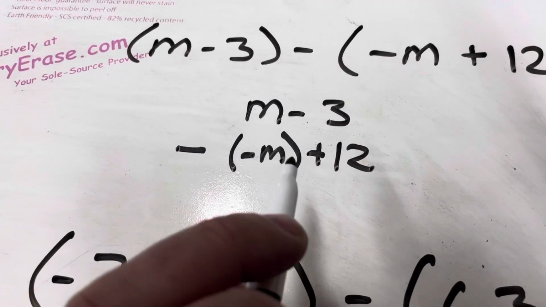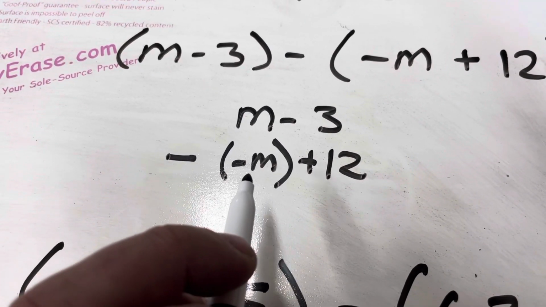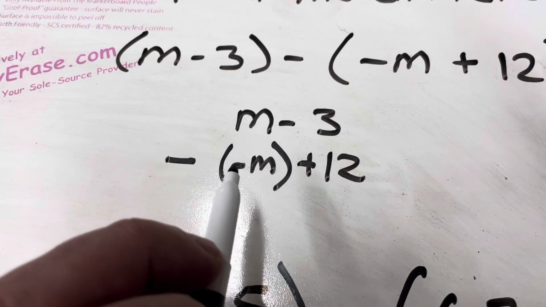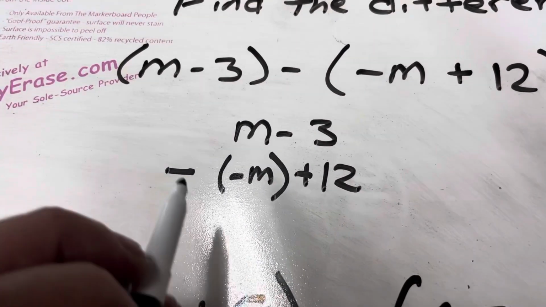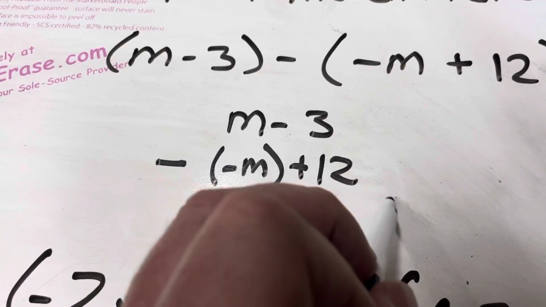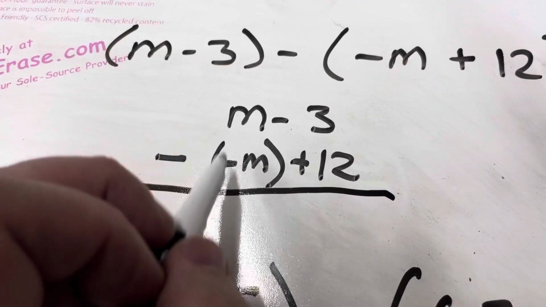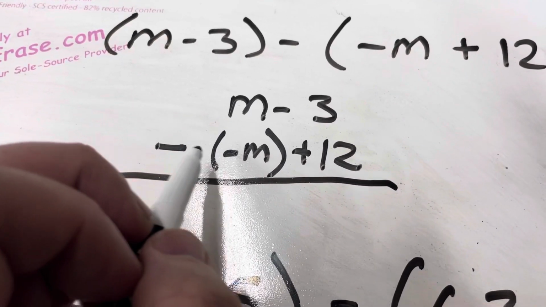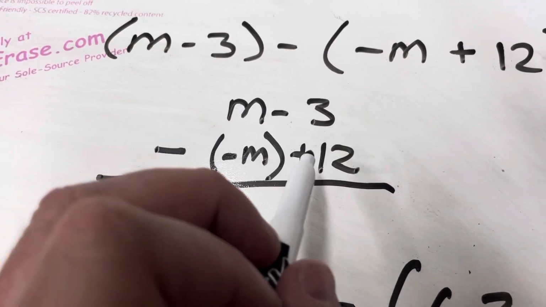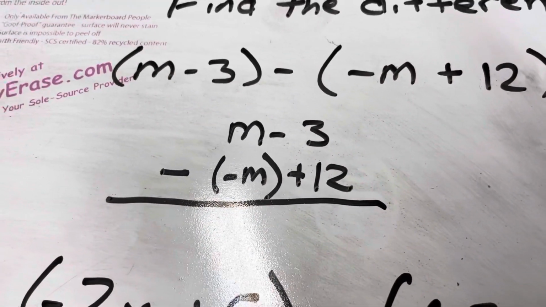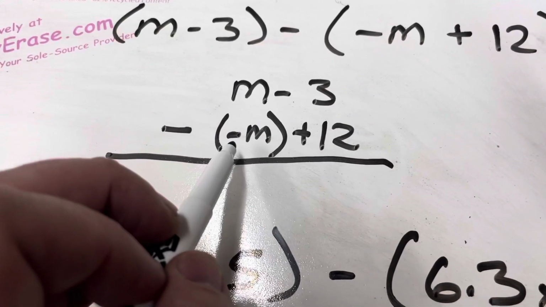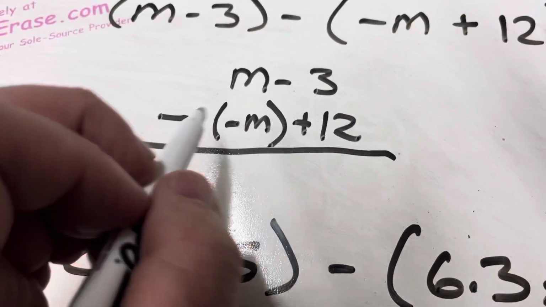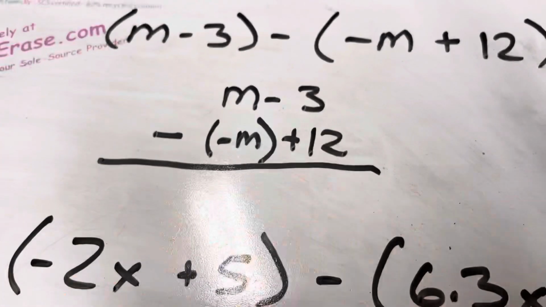So we're going to have an m minus a negative m. I can go ahead and when I subtract a negative, I can think of it as adding, but I really don't want to make it plus because I'm still subtracting the positive 12. So I want to make that very clear. So when I'm doing m minus a negative m, when I'm subtracting a negative, I know that that means I'm really adding.